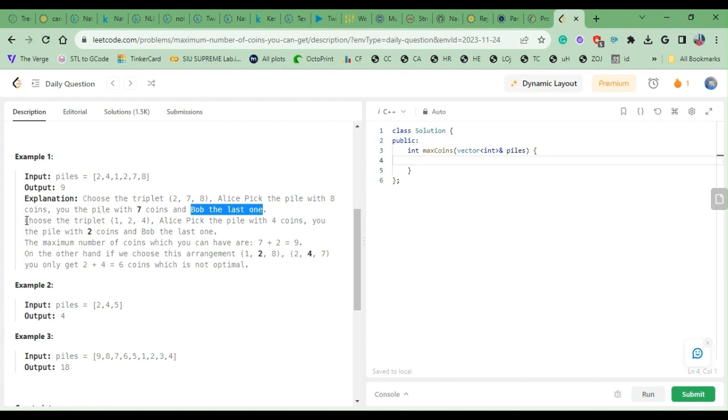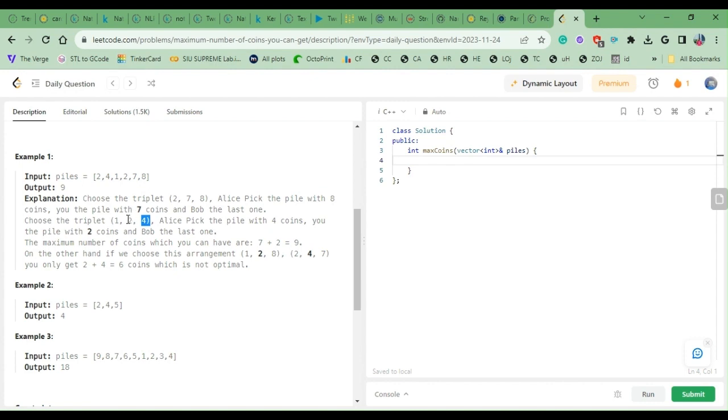Now we have another triplet 1, 2, 4. The sequence doesn't matter here, and it should not be consecutive. Who is the biggest? 4. So Alice will pick the 4.